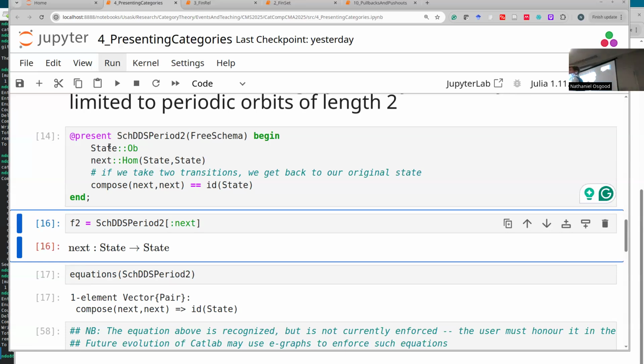I've talked about generators. I'm going to give a variant of this, which has those generators but also has a relation. By a relation, I mean we state that while in general we want it freely presented, to be a legitimate instantiation of this category we need next composed with next to be identity.